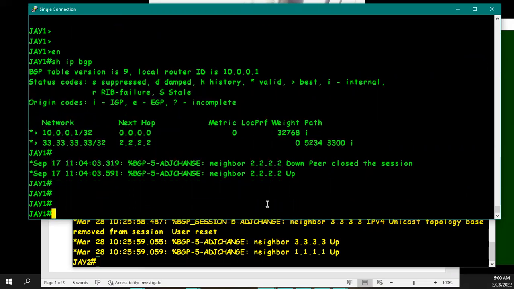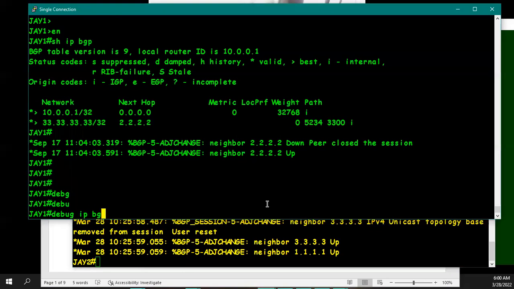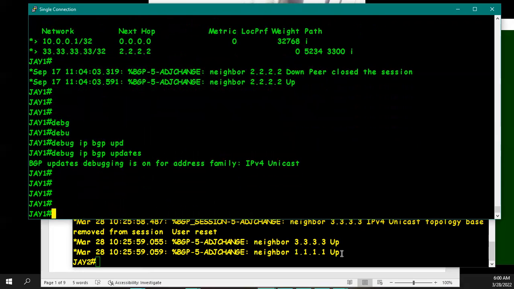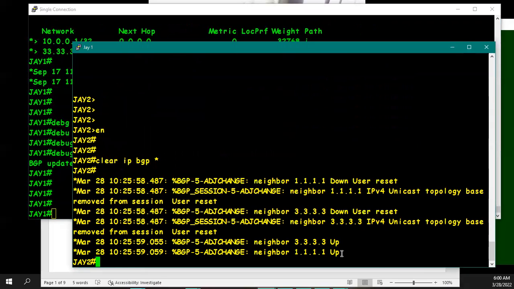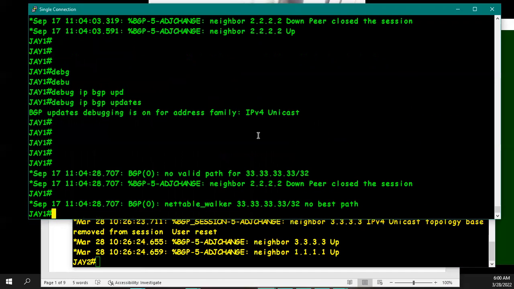Okay, let me show you debug IP BGP updates. Okay, so let me do this one more time, and you'll see what happens. And this is what will happen in your organization as well.